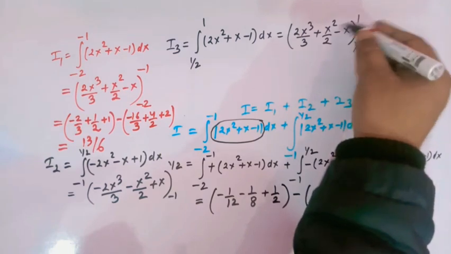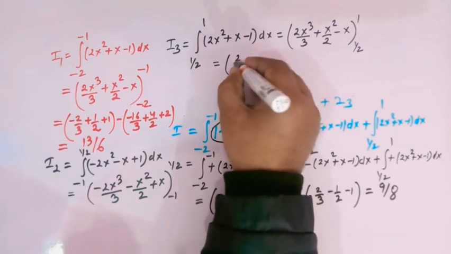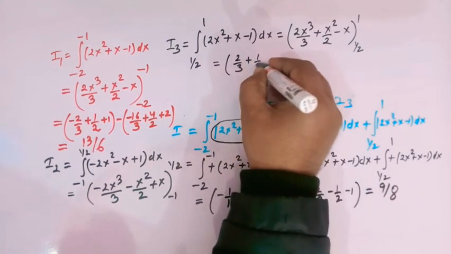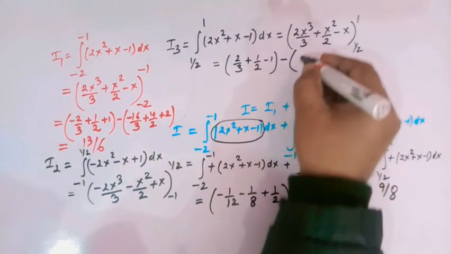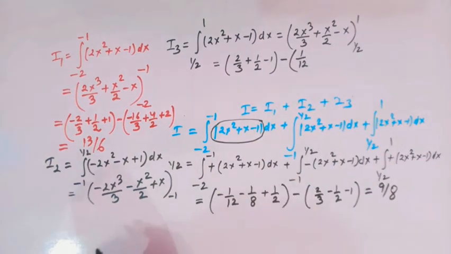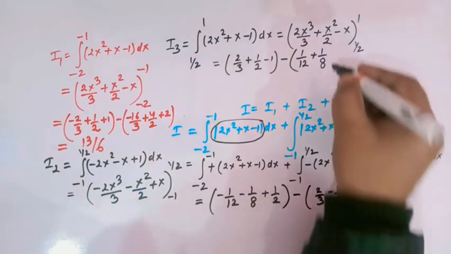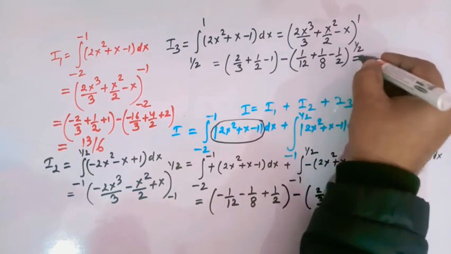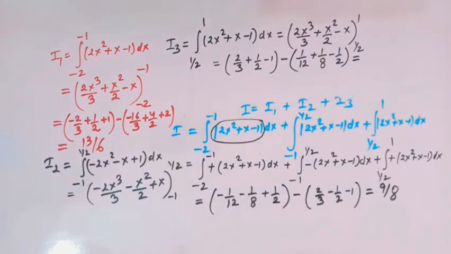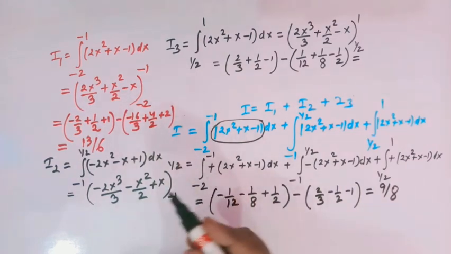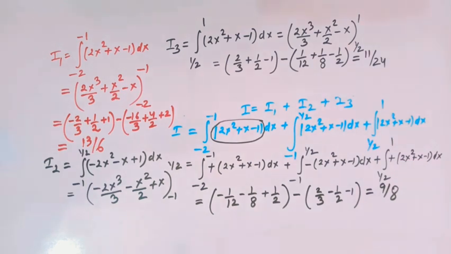Now if we substitute the limits and take the difference, then we'll get 2 over 3 plus 1 over 2 minus 1, minus 1 over 12, then plus 1 over 8, and minus half, right? So again, I am not going to show the simplification of this expression, and we are directly writing the result. So here we have 11 over 24, right?